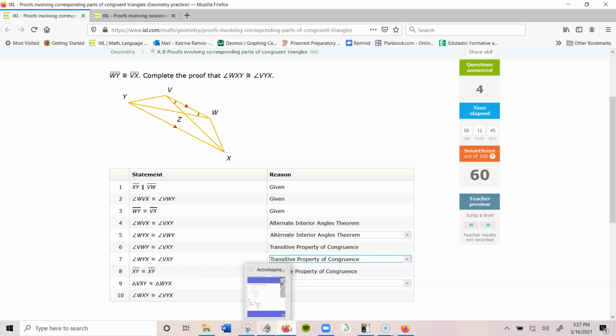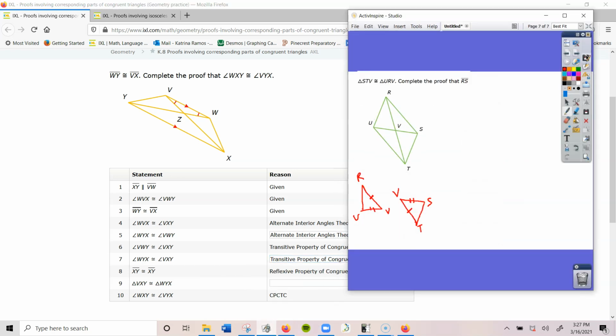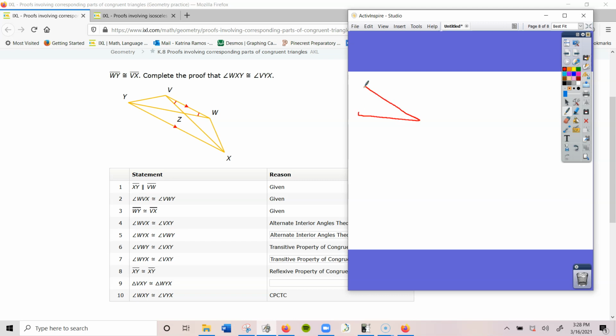So I'm just going to draw it here on this side and just focus on those two triangles. We're trying to show that VXY, this one, is congruent to WYX. So then this one, WYX.